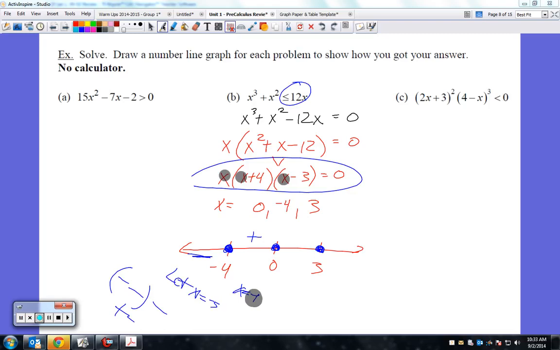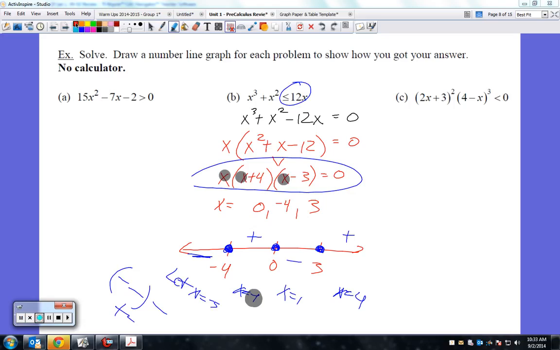Let's pick another one between 0 and 3. 1. Anyone, what's the sign? Negative. Okay? And then the last one, I would probably let x equal 4. Yes, and you get a positive.